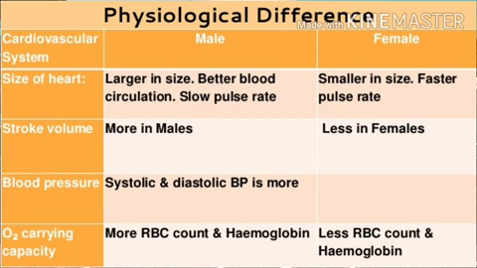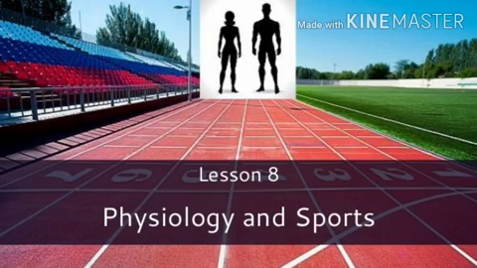Blood pressure: systolic and diastolic blood pressure is more in males in comparison to females, and females have 25% less. Next, males have more RBC count and hemoglobin, and females have less. So this is all about the cardiovascular system.